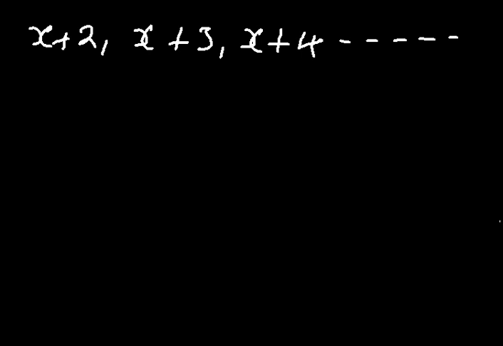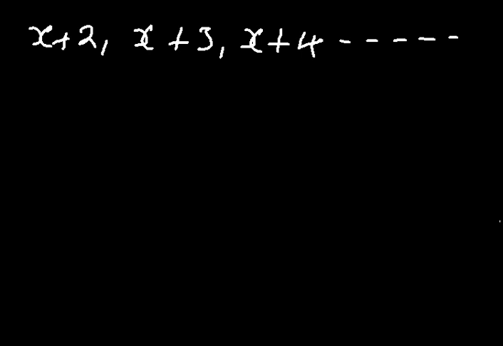Since this is a geometric progression series, this is the first term, a second term, a third term. So how should you find the value of x in this case?